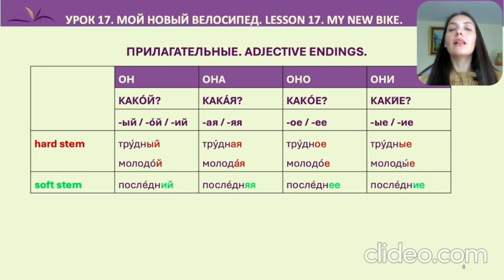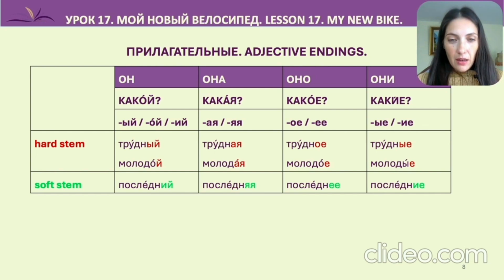Последний means the last one. Remember, первый first, последний last. Последний. You can hear that it's not н here, it's нь, soft one. Последний. So it's the consonant that is soft, but when we write it, we don't see the difference. It's also н, but the following vowel, и, makes it soft.